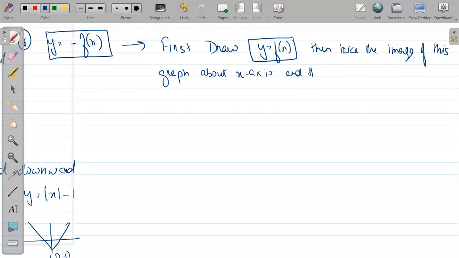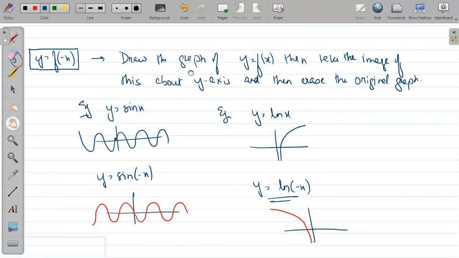And then erase the original graph. So is it not similar to point number 5? Here we are taking about the y-axis, here we are taking about the x-axis.